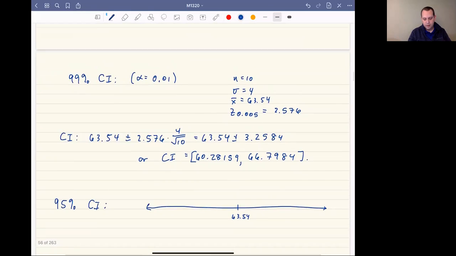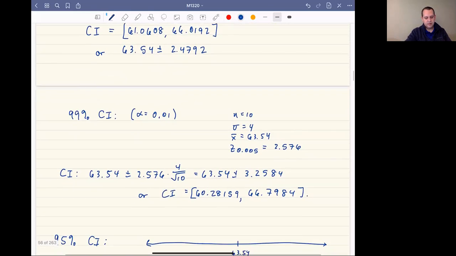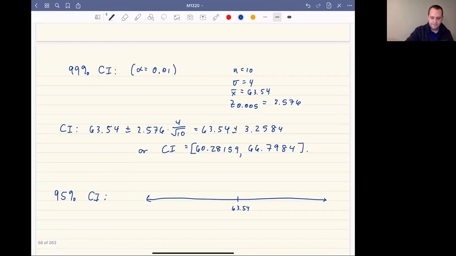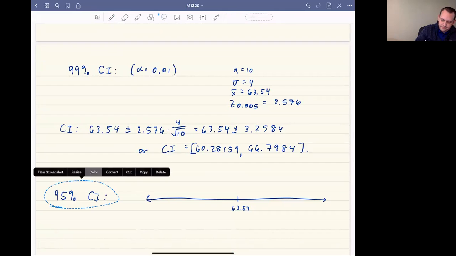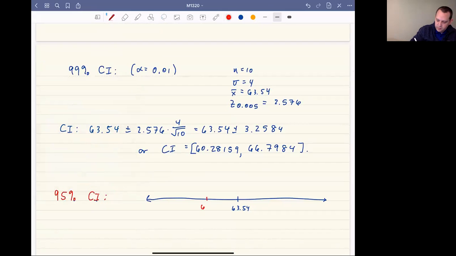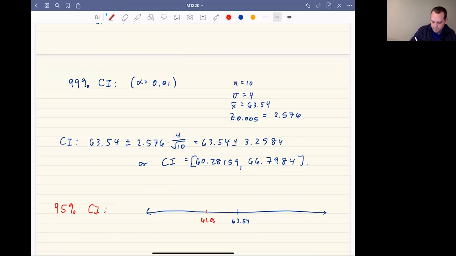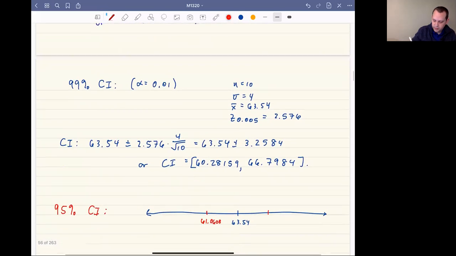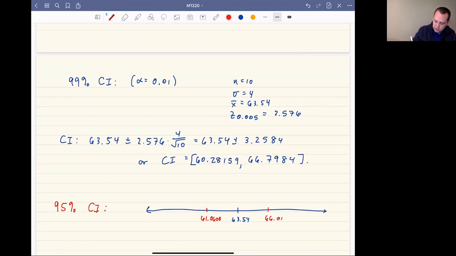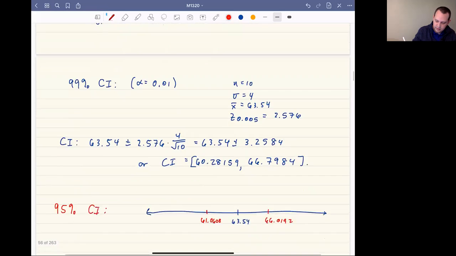We can talk about going all the way down to 61.0608. So our 95% confidence interval, let's do that in red, goes from 61.0608 all the way up to 66.0192, if I got that right, yeah.